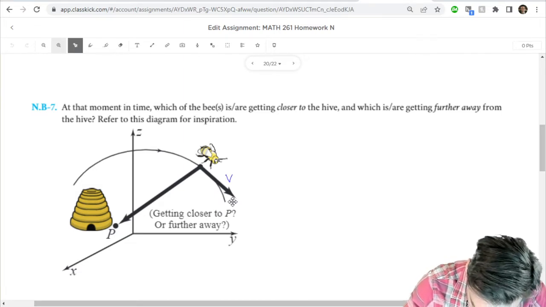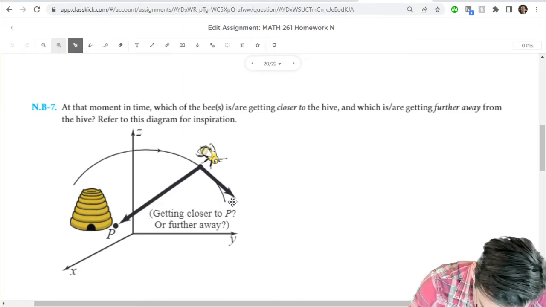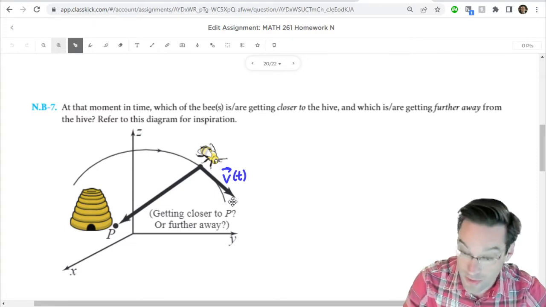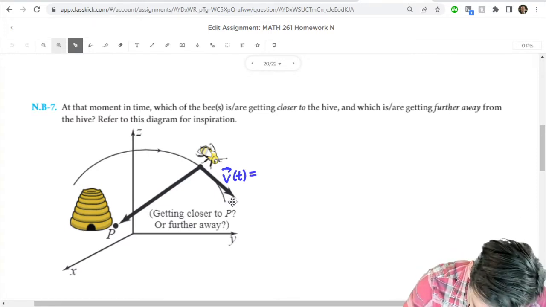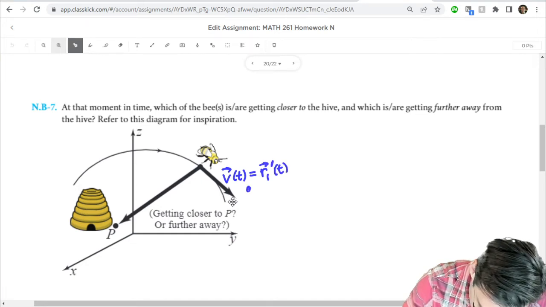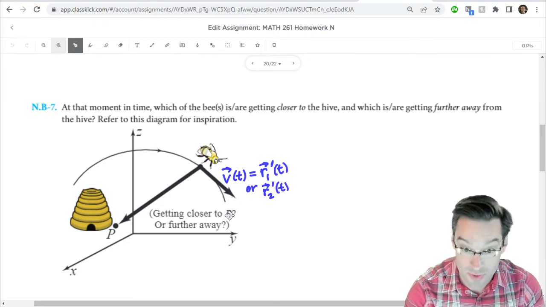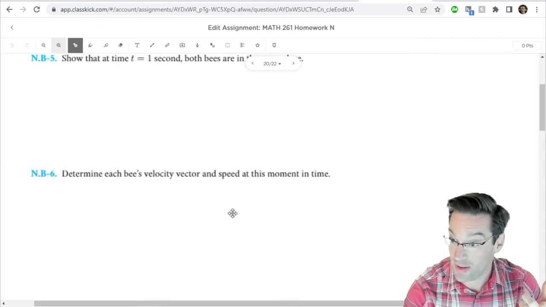That velocity vector, I'm going to call it v of t, is either the derivative of r1 with respect to time or r2 with respect to time. Those would have been the velocity vectors that you computed in the previous problem, problem 6.